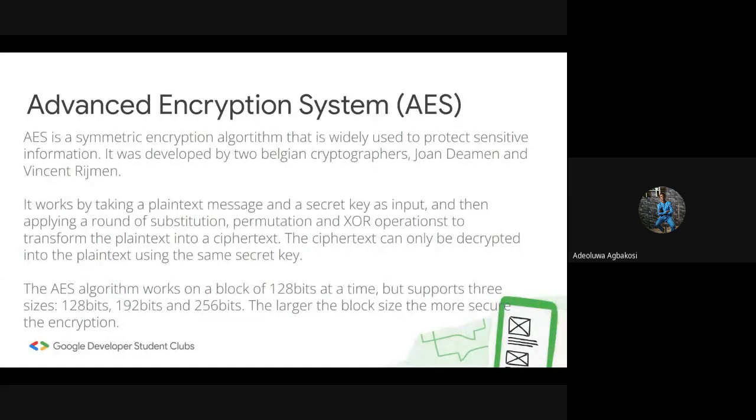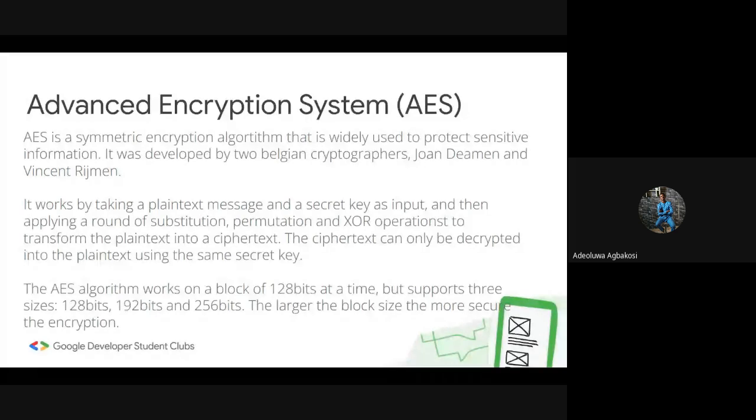AES is a symmetric encryption system that is widely used to protect sensitive information. AES is an example of a block cipher. DES, the Data Encryption Standard, is also an example of a block cipher. It was developed by 2 Belgian cryptographers, Joan Daemen and Vincent Rijmen.